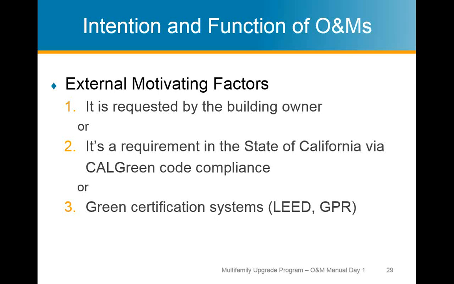Obviously, if it's requested by the building owner, staff has to do it. 2, it's a requirement. If we're building or operating in the state of California, we have to comply with Cal Green Building Code. And that code now requires an O&M manual.